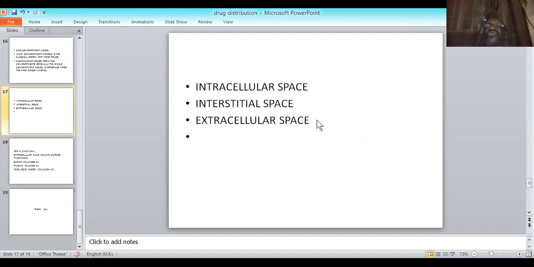But one thing we should note is that after some time of drug distribution, the drug will now start to access the interstitial space, extracellular space, and intracellular space, not during phase 1, the first phase of drug distribution, and not during the early part of the second phase. But later on, we have the drug accessing the interstitial space, extracellular space, and intracellular space.